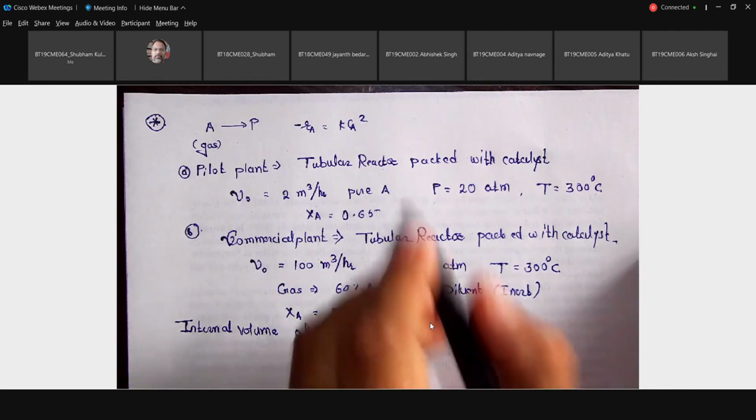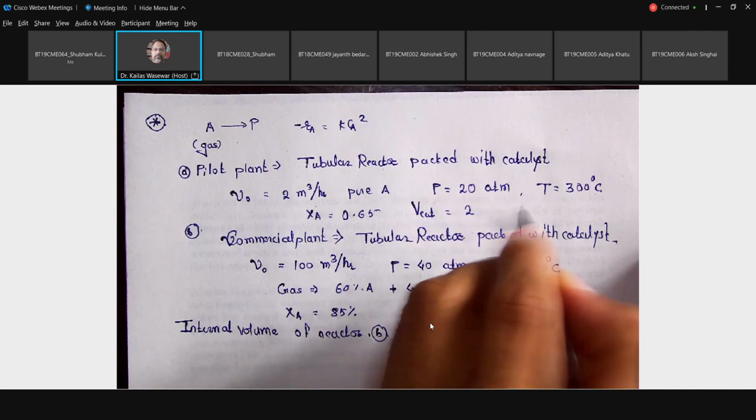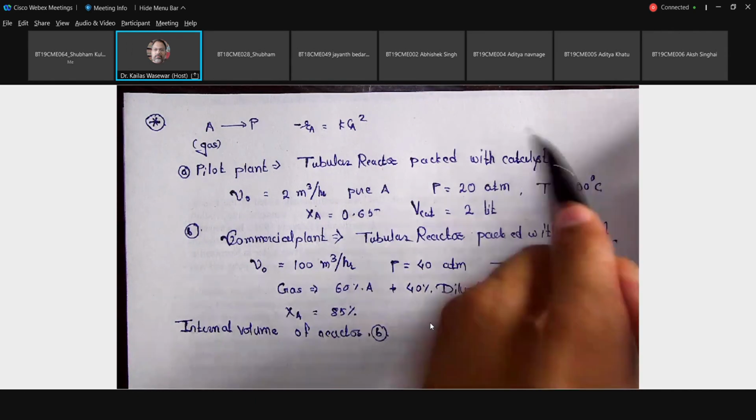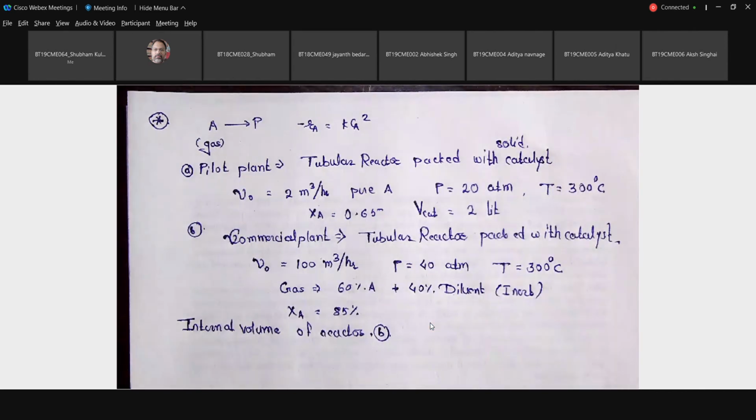Here I have not mentioned. Volume of catalyst is around 2 liter. Okay. With volume is 2 liter.